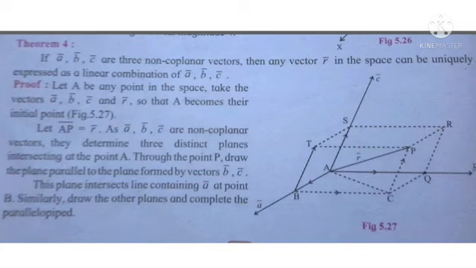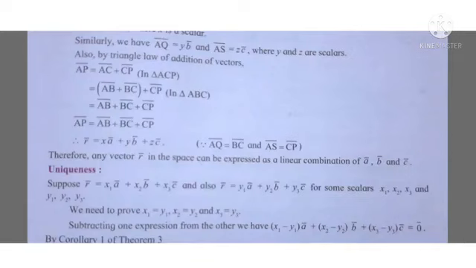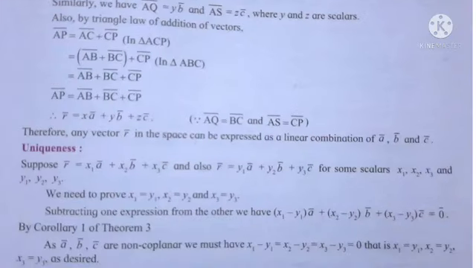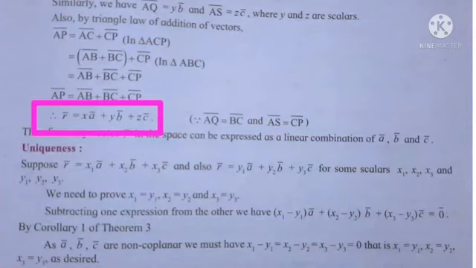That is, see here, we can express r bar is equal to x a bar plus y b bar plus z c bar, where x, y, z are scalars. Okay, in this way we can prove these theorems.